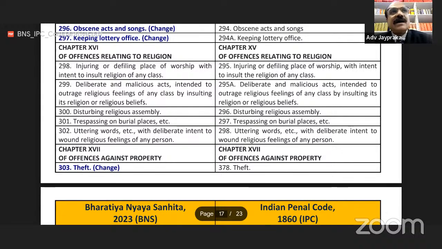Friends, with Nani Palkhivala National Law Club, we are running one good project called Legal Camp, Free Legal Guidance Camp.